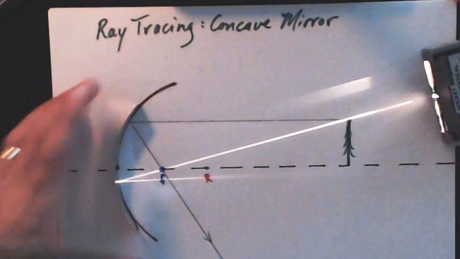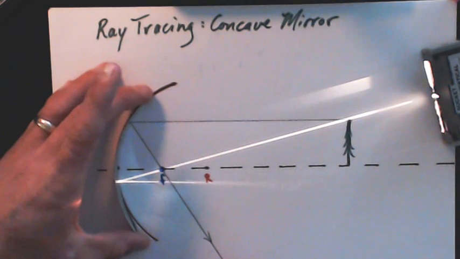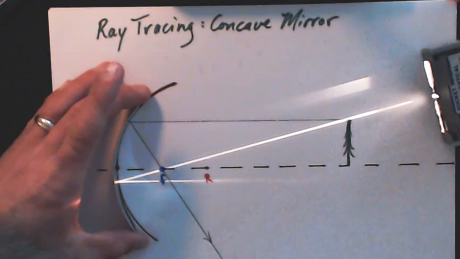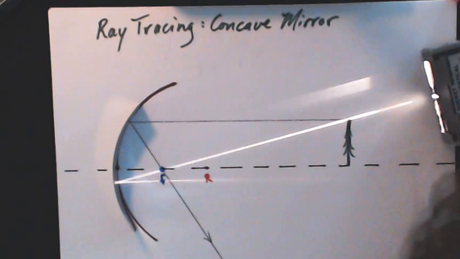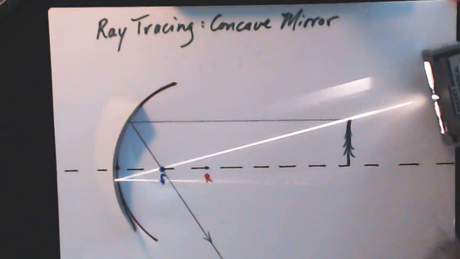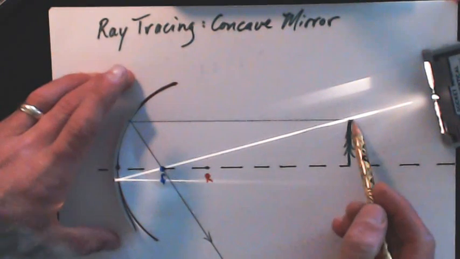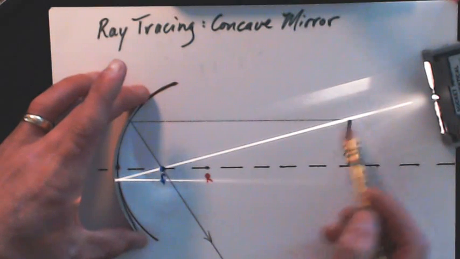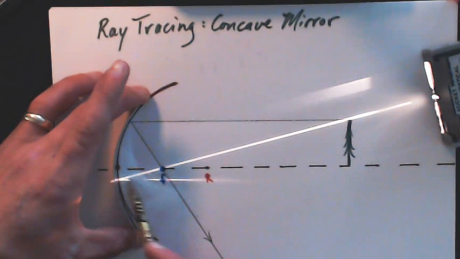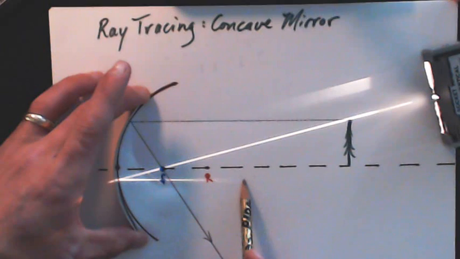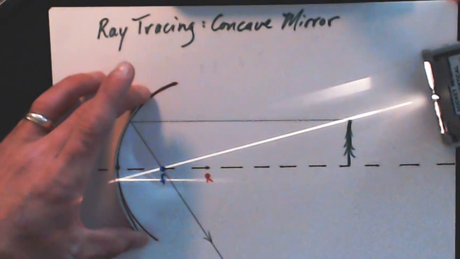It's hitting there. Now, we know that any light that comes in parallel has to go through the focus. But light that comes through the focus has to come out parallel to the principal axis. So here we go.